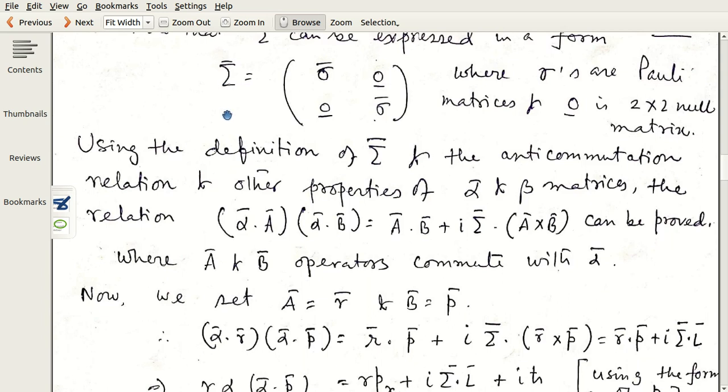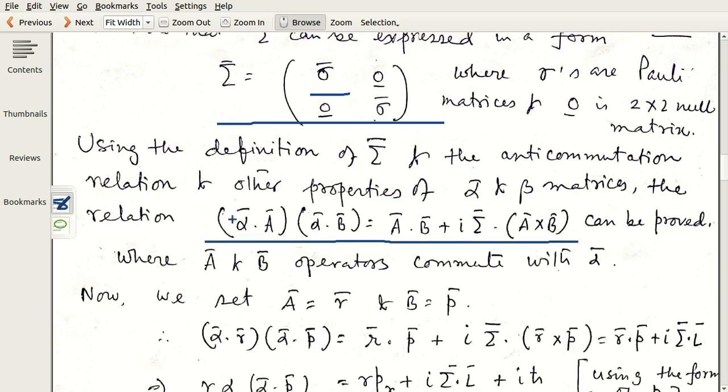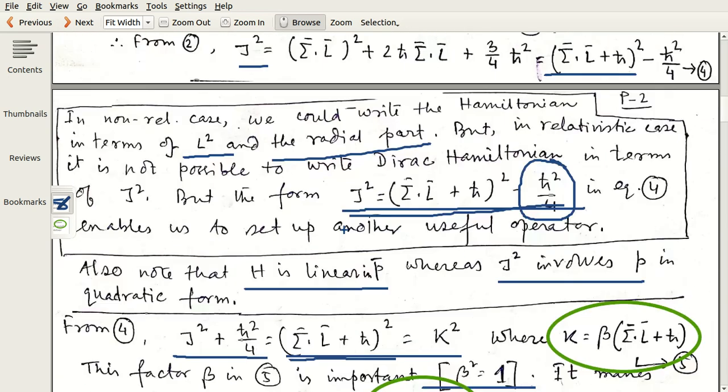Using this definition of sigma and the anti-commutation relation between the Pauli spin matrices and the alpha and beta matrices, we can show that this relation also holds, where alpha dot A alpha dot B equals A dot B plus i sigma dot A cross B. Note that this is i sigma, but here the dot product is taken with alphas. This has a difference with the previous one.